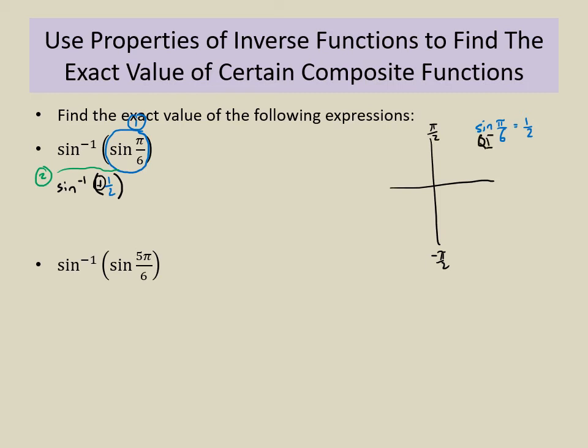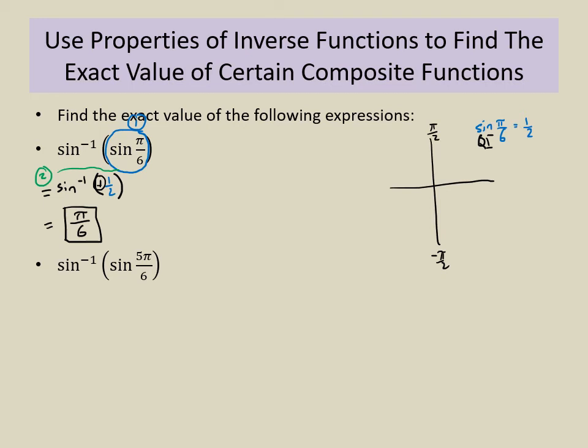That's going to be an angle in quadrant 1 because the sine is positive. And which angle is that? What angle gives us the sine of 1/2? It is pi over 6. So the answer here is pi over 6.